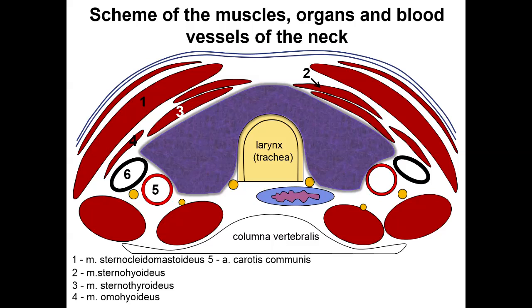Number 6, close to it, it's vena jugularis interna. And nerves inside of this bundle, the neurovascular bundle of the neck, we can find number 7, nervus vagus, the largest vegetative nerve of our body.